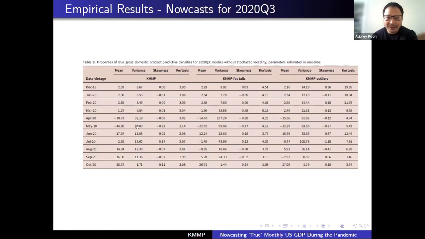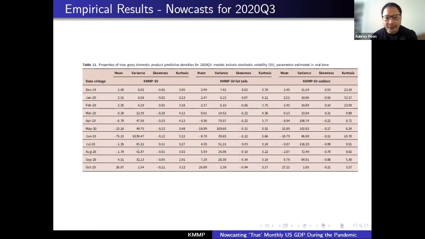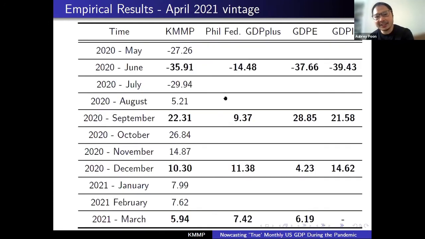Yes, maybe there might be a big jump in variance, but most of the time the nowcast seems to be okay. So this is my last empirical result I want to show you, based on our true GDP estimates based on the current vintage.